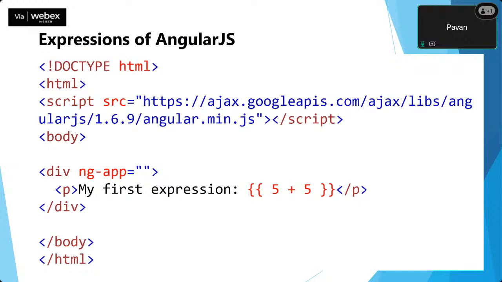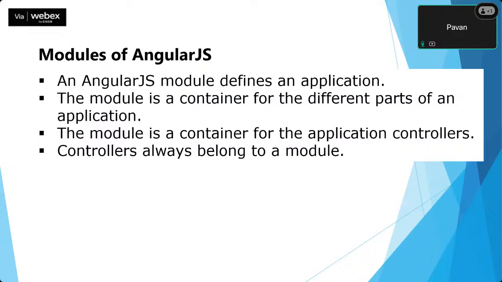So let's move on to the next part, that is modules of AngularJS. So what do we mean by modules of AngularJS? An AngularJS module defines an application. So basically, modules are just applications, and the module is a container for different parts of the application.